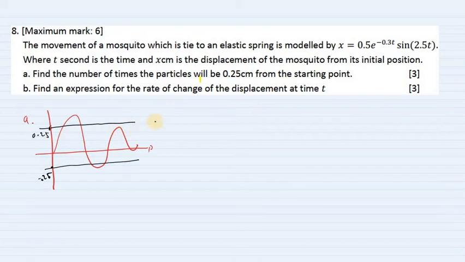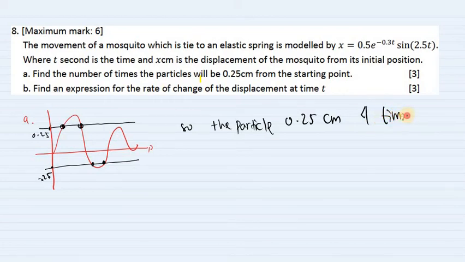So we have 4 times: 1, 2, 3, 4. So the particle is 0.25 centimeter from the starting point 4 times. That's it for part A, how to do it.